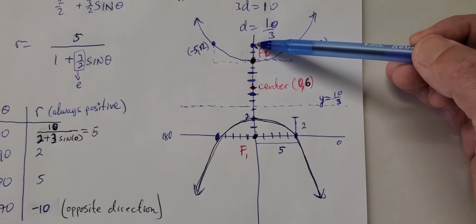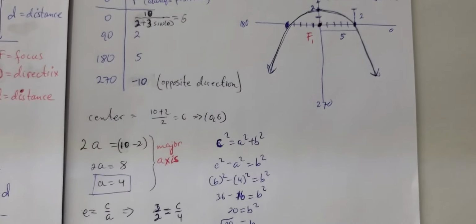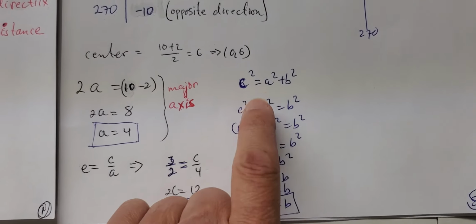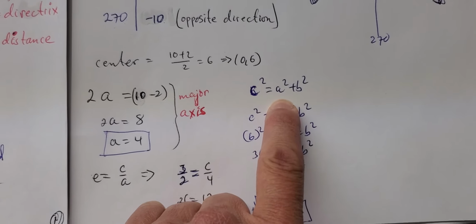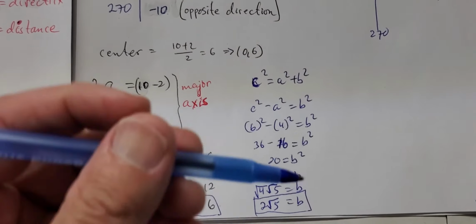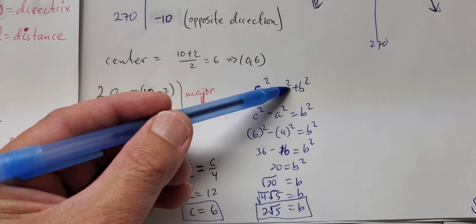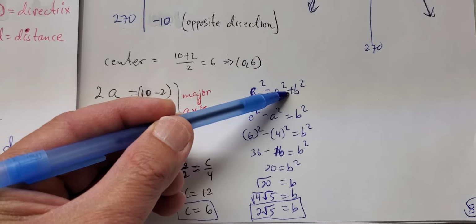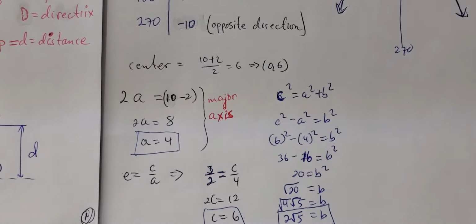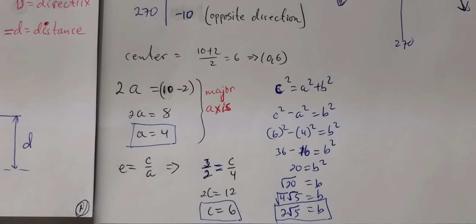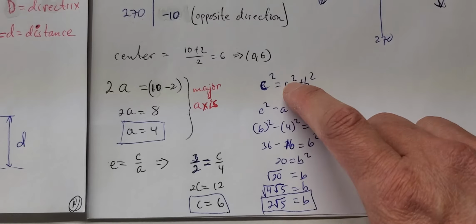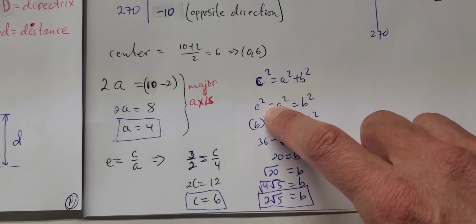Now with B in hyperbola, we use this formula. If you remember in ellipse, this was minus, but with hyperbola, this is plus. And we want to find B. So all we have to do is just move this A square over, so it becomes minus A squared.